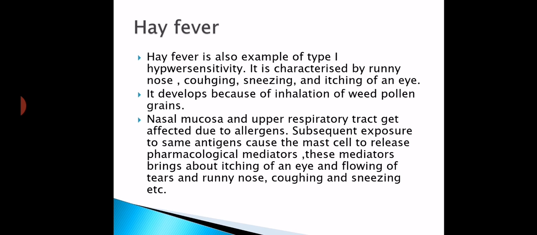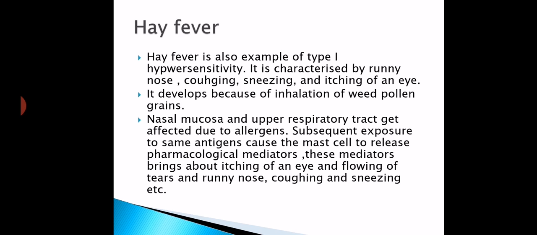When the respiratory tract is affected, the person shows symptoms like sneezing, coughing, excessive mucus secretion, and lacrimation or tears from the eye. Nasal mucosa and upper respiratory tract get mainly affected due to this allergen. Allergen means these weed pollen grains.